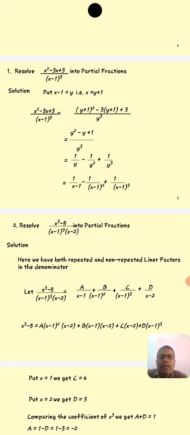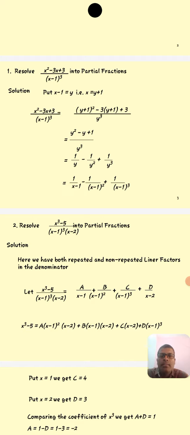Now y by y cube means y cancels, we get 1 by y square. Same as it is, 1 by y cube. So here we write 1 by y minus 1 by y square plus 1 by y cube.